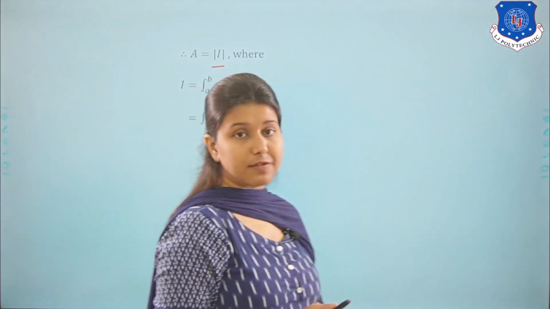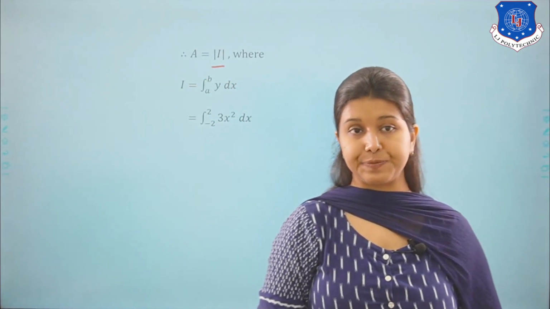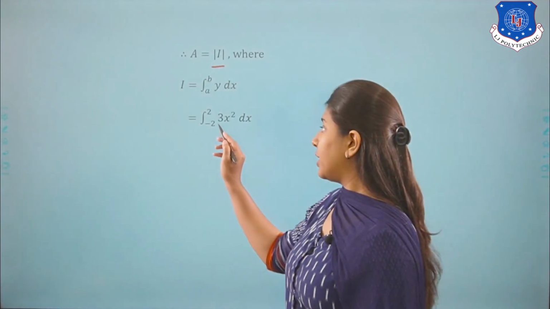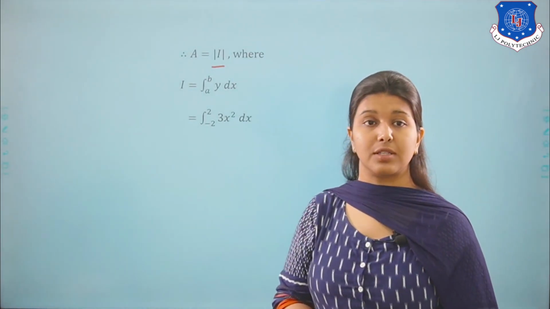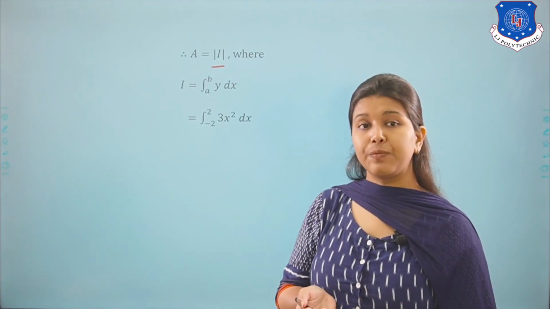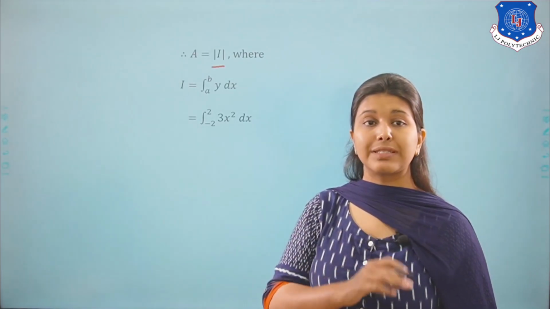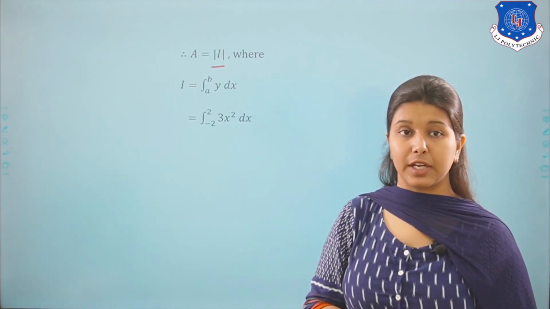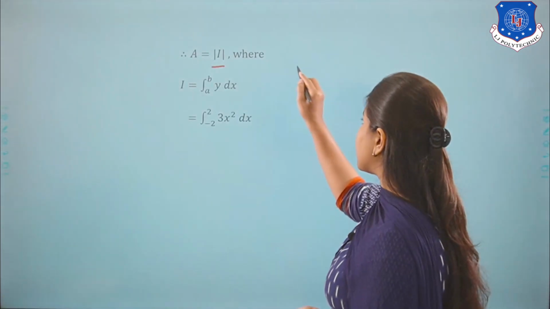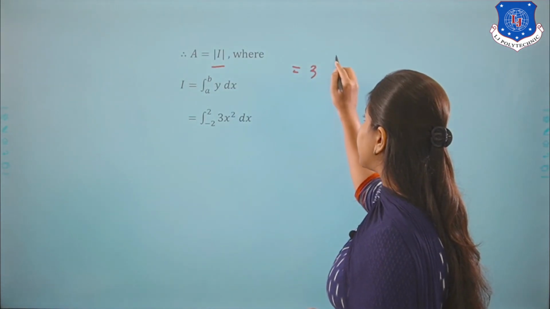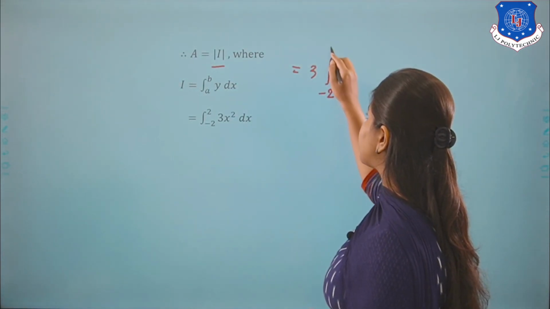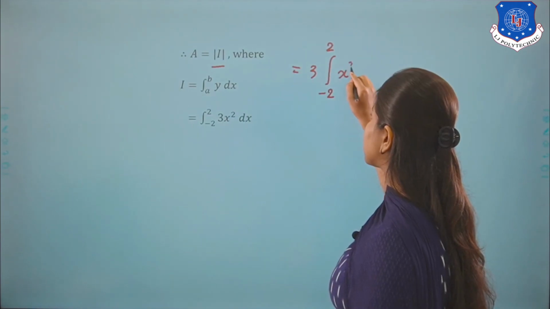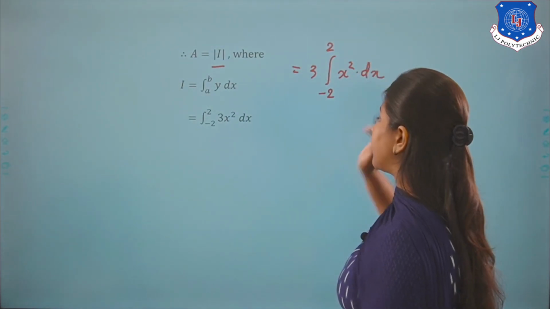Now how to solve this integration? See, here this 3 is your constant term, and as you know, a constant term should always be taken outside of the integration. So you can write it as 3 integration of minus 2 to 2 x square dx, right?